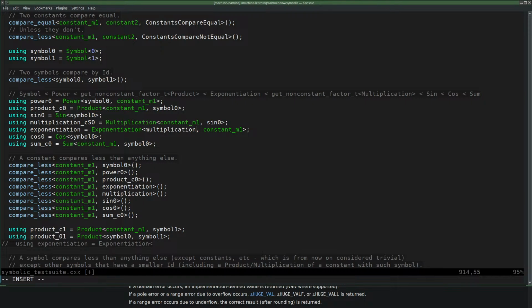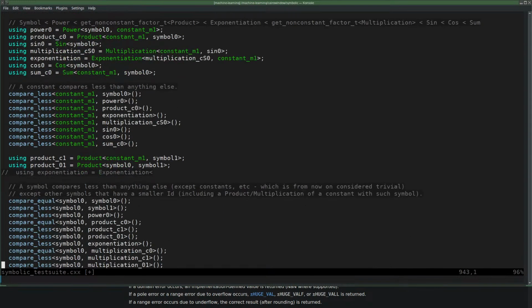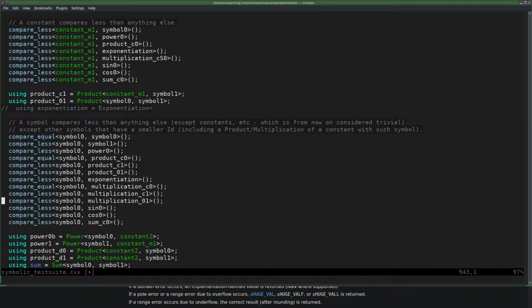Exponentiation. I need multiple multiplications. So let's make this one. Is 0 constant times the sign of 0. Symbol 0. Yeah, I can also not multiply two symbols.